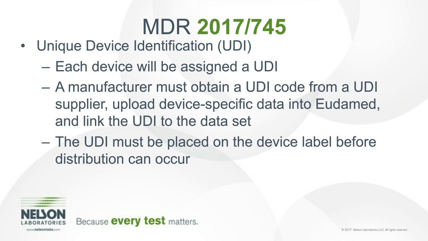Some of the requirements include that each device will need to have an assigned UDI obtained from a UDI supplier, and this information must be loaded into the European database of medical devices. The UDI must be established before the product is placed onto the market, and the UDI carrier must be provided on the device, label, packaging, and in the case of reusable medical devices, on the device itself.